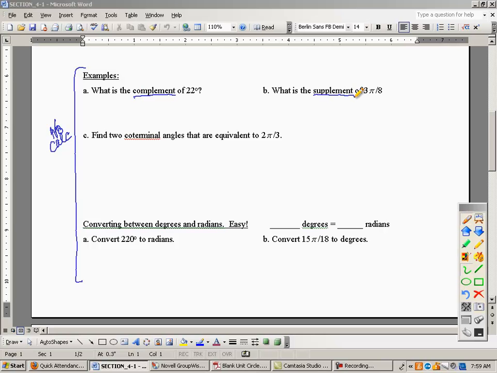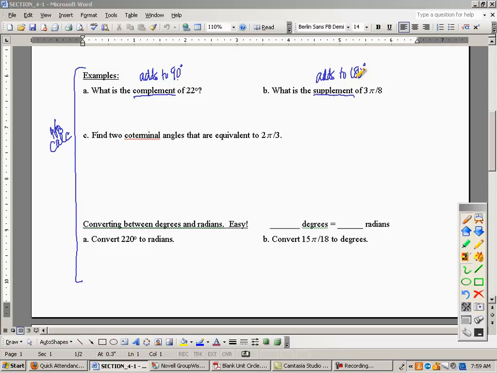A complement means it adds to 90 degrees. Okay, a supplement means it adds to 180 degrees. And truthfully, the way I remember it, complement comes first in the alphabet, 90 degrees comes first in the circle. Supplement comes second in the alphabet, 180 degrees comes after the 90 degrees in this circle.